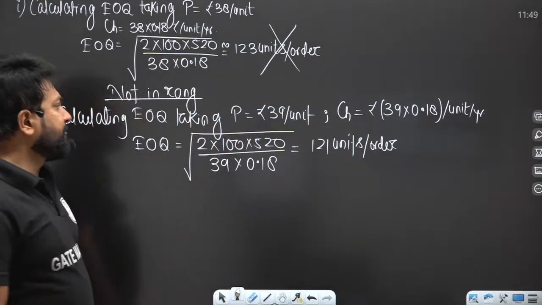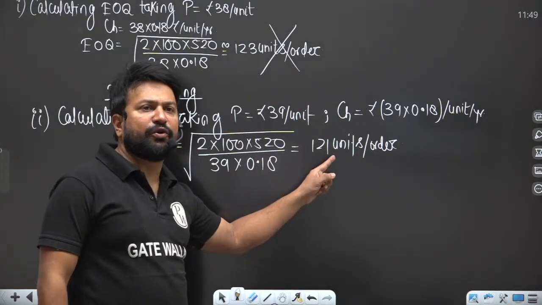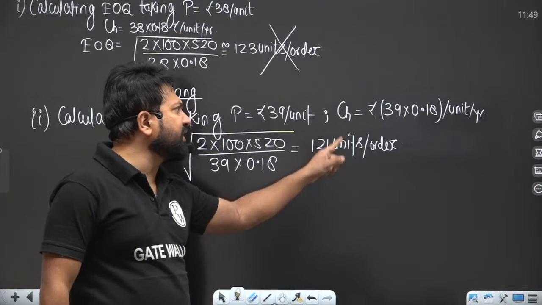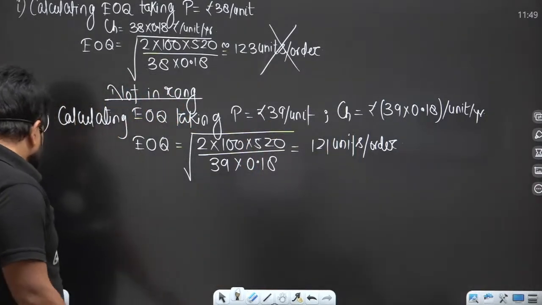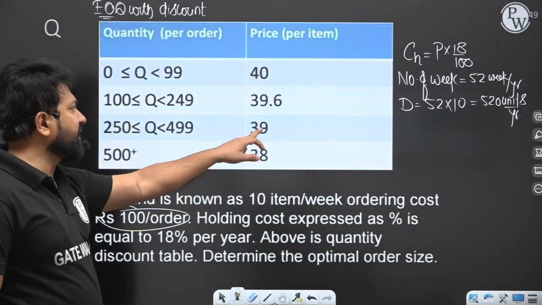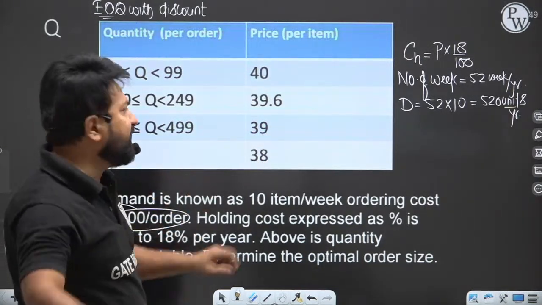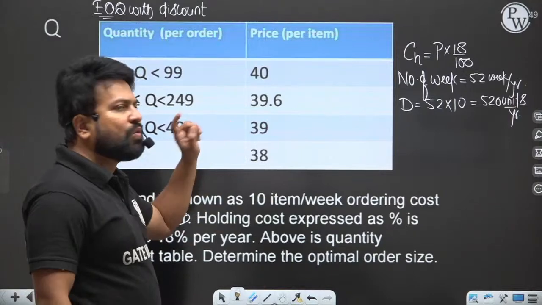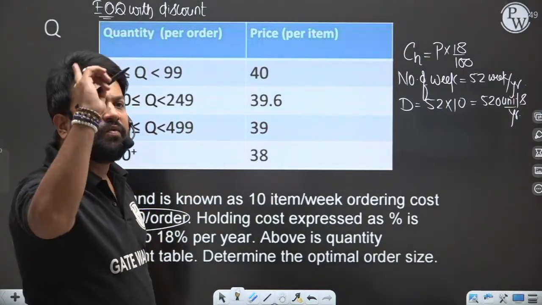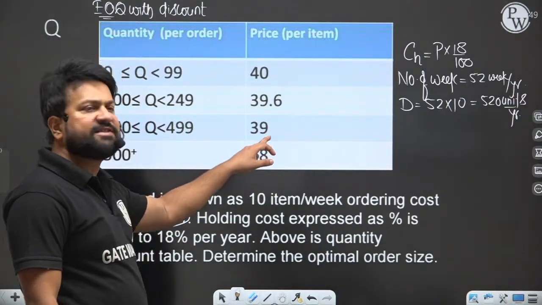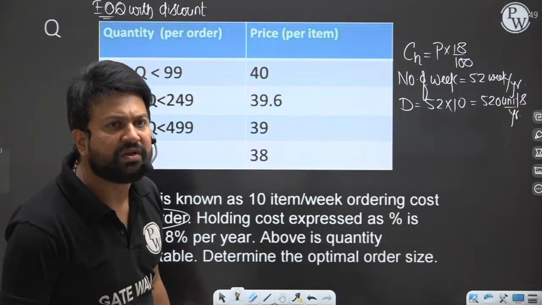So tell me, will you get 121 units at a purchasing price of 39? According to the economic order quantity, will you purchase 121 units at a purchasing price of 39 from the wholesaler?